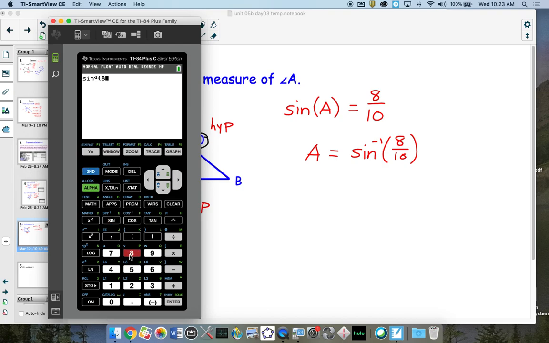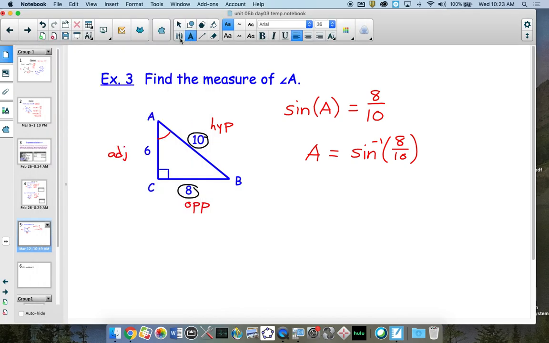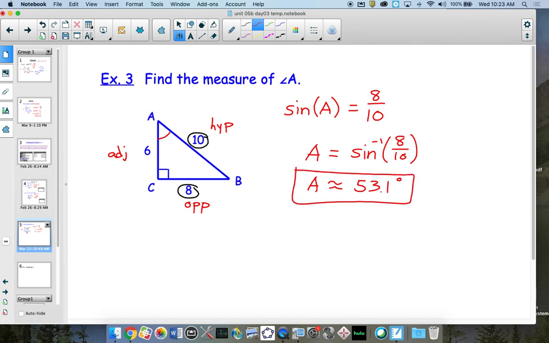And then I type in 8 divided by 10. And this is going to give me the angle A that we're looking for. And so if I round to 1 decimal, I'd say 53.1. Let me type that in. Oops. So A is approximately 53.1. And this is an angle, so it's in degrees.